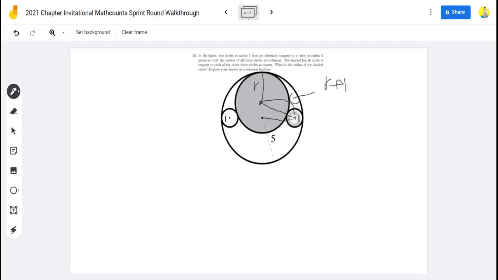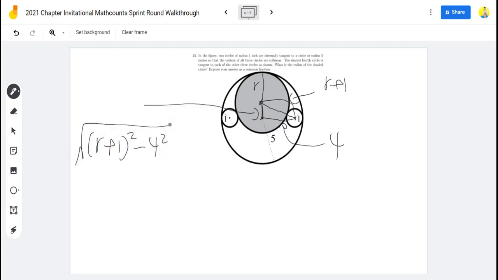And since this is 4 right here, since it's 5 minus 1, this length right here is just the square root of r plus 1 all squared minus 4 squared. So this means that the square root of (r plus 1) squared minus 16 equals 5 minus r.